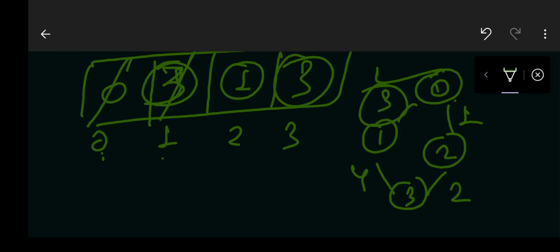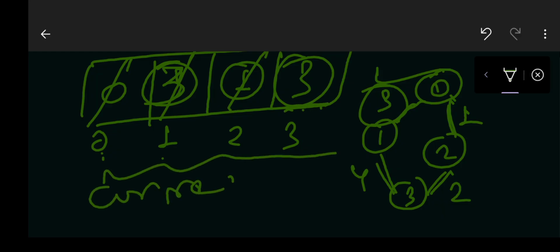The shortest distance between 0 and 2 is 1 only. You are not going to go via this path, right? This is not good. So it is 1 only. This is also correct. What about distance of 3? So distance of 3 was 3 plus 4, 7, and 1 plus 2, 3. 3 is better. So 3 came out here. So this is a correct output.